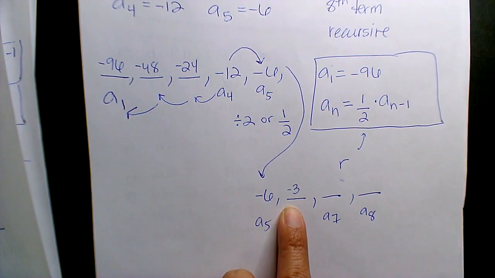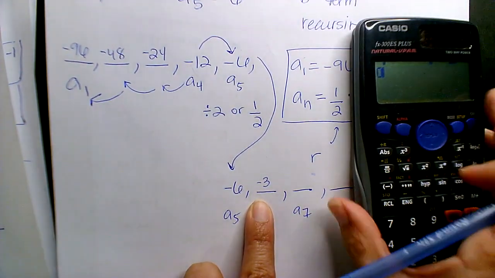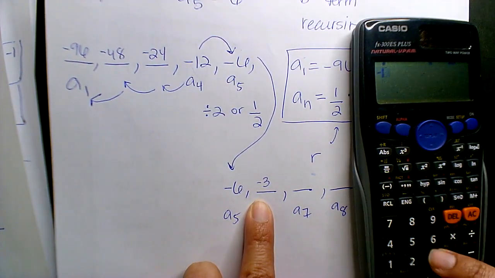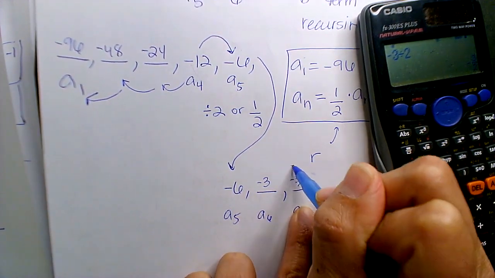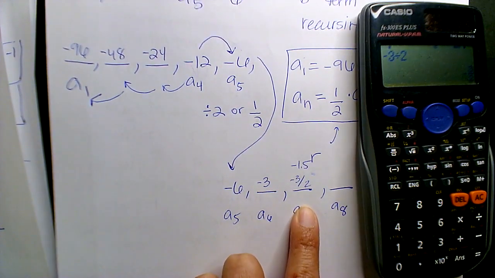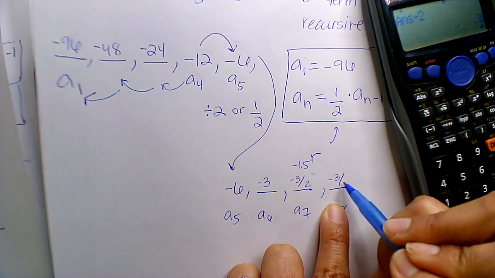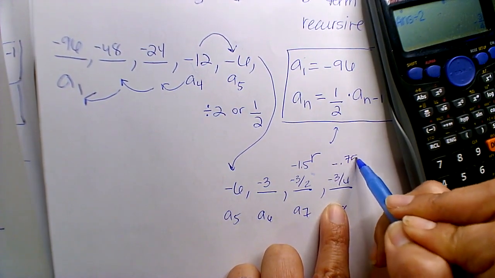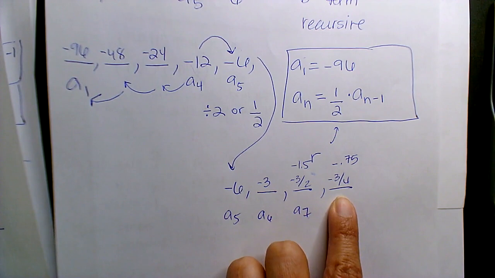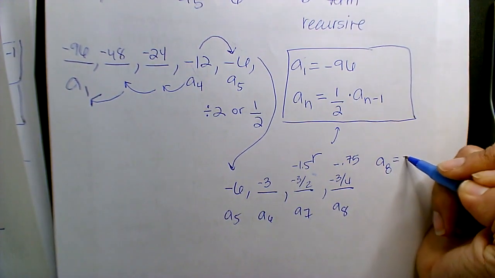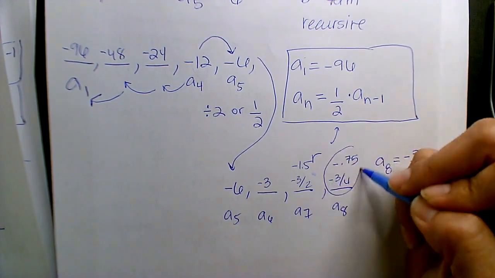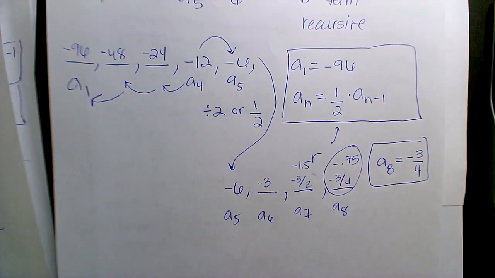And now we're going to start hitting fractions, right? Okay, what is negative 3 divided by 2? 1.5. Yes. Or negative 1.5, which someone said. And then what is that divided by 2? Yes. So either one. So what's your 8th term? Your 8th term, you can either have negative 3/4 or you can have negative 0.75, whichever one.